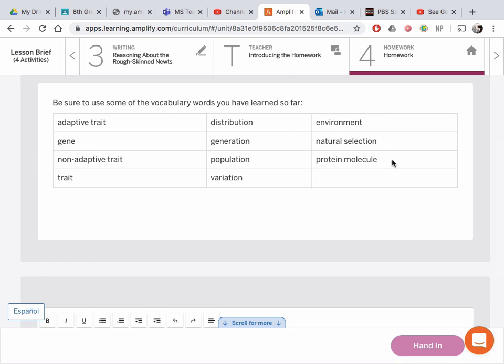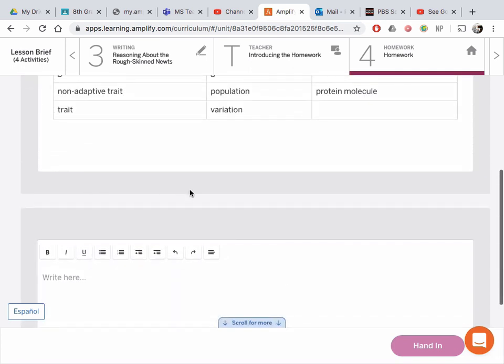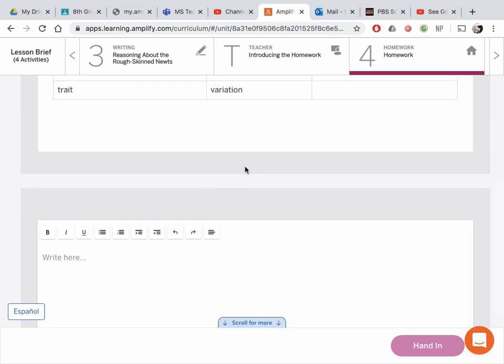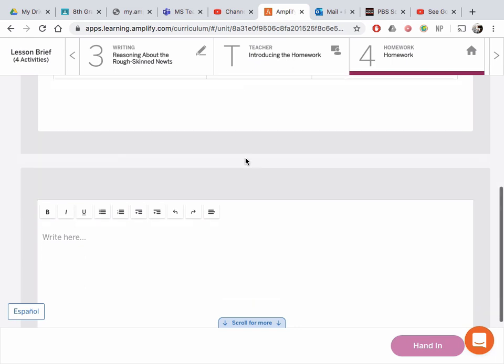That gene helps create a protein molecule that actually creates the poison. And the poison is a trait. So I think I mentioned all the words briefly, but I'd like you to use your own words and your own logic, and I'm going to assess the quality of your scientific argument from a level of 1 to 4. So show me what you know.